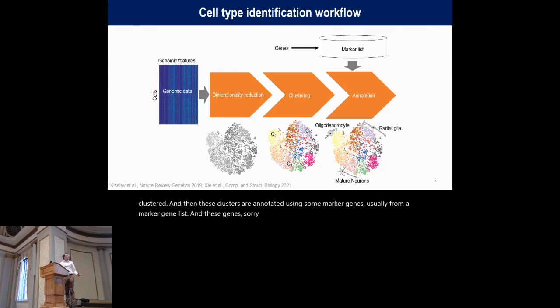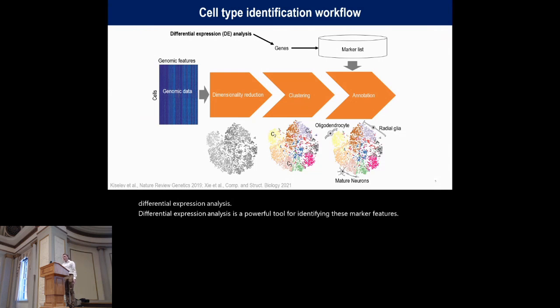First we need to identify which genes are important for each cell type, and these genes are typically identified using something like differential expression analysis. While differential expression analysis is a powerful tool for identifying these marker features, it generally misses combinatorial relationships that can exist when cells from different clusters have shared genomic profiles.